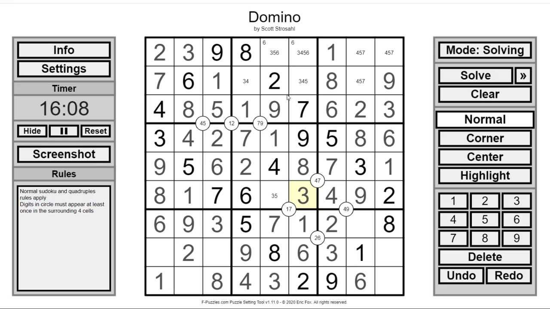That's a 3. That's a 3. That's a 5. 1, 2, 3, 4. Yeah, it repeats, which is fine. That's a 4. That's a 4. That's a 5. That's a 7.